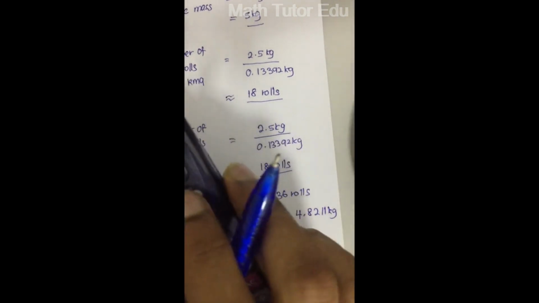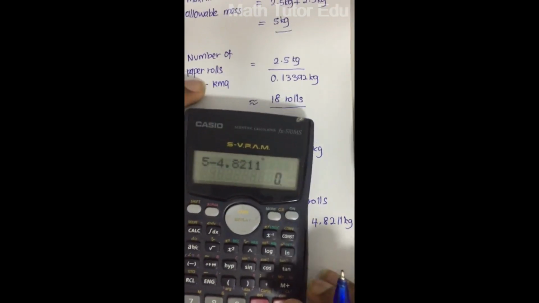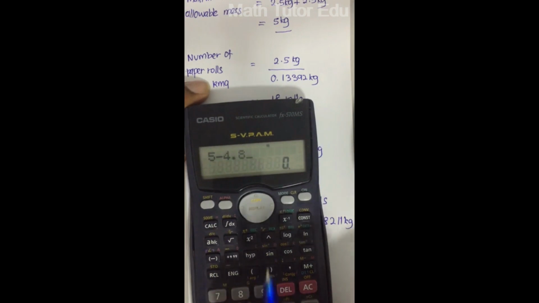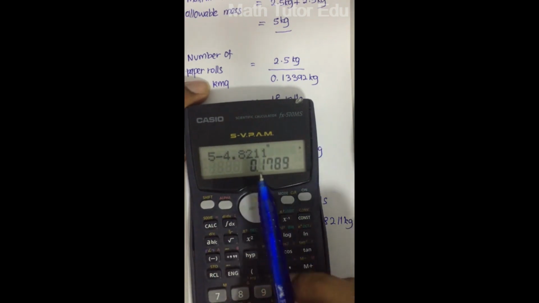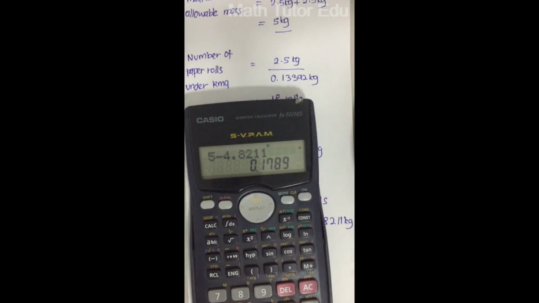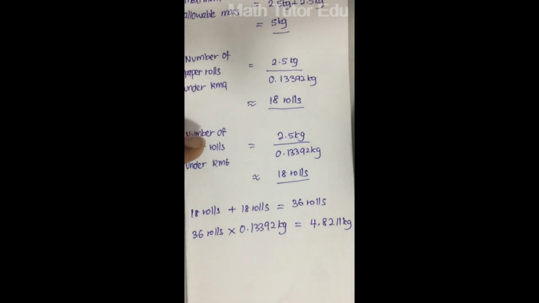So from here, 5 minus 4.8211, you get 0.1789. The mass of one rectangular roll of paper is 0.13392, which means that we can add one more roll, guys.